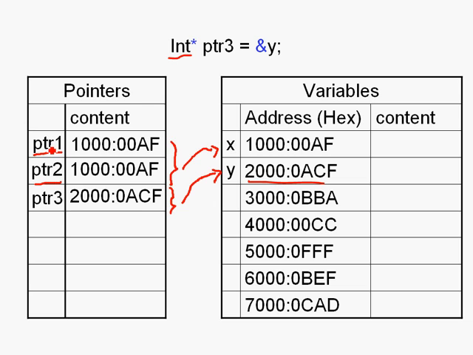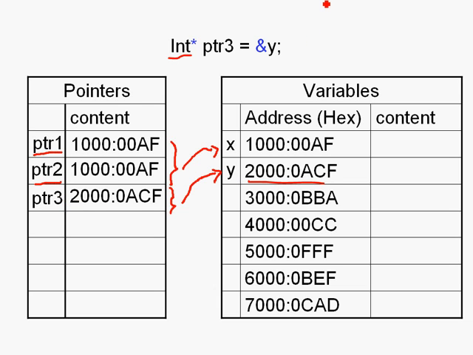We say ptr1 is pointing to x, ptr2 is pointing to x, or we can say x is pointed by ptr1 and x is pointed by ptr2. ptr3 is pointing to y, or we can say y is pointed by ptr3.